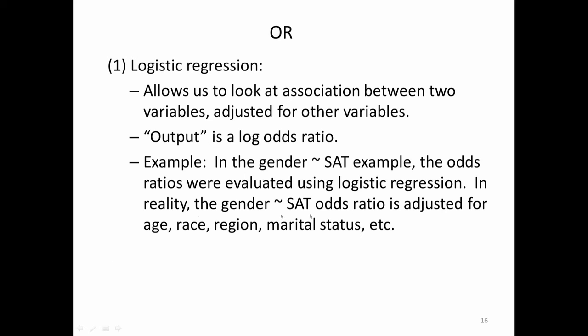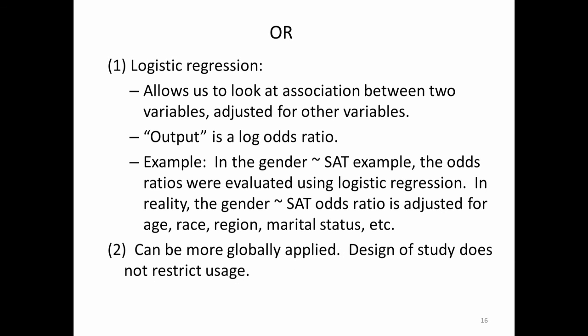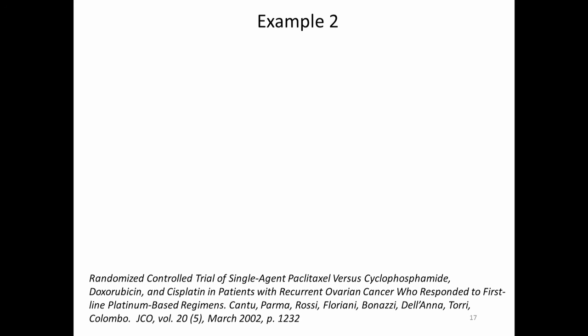You need to adjust for all these things, then only can you do a proper odds ratio, otherwise these values may be confounding your results. You need to remember that, and it can be used very globally. That is the beauty of the concept of odds ratio: if you adjust globally, you can make it a general statement.